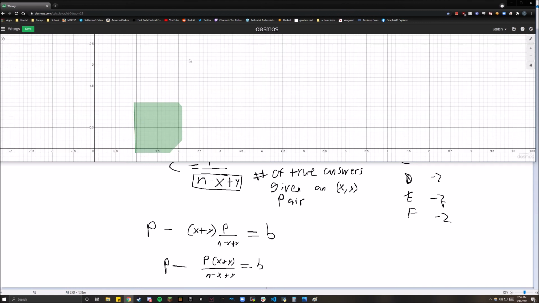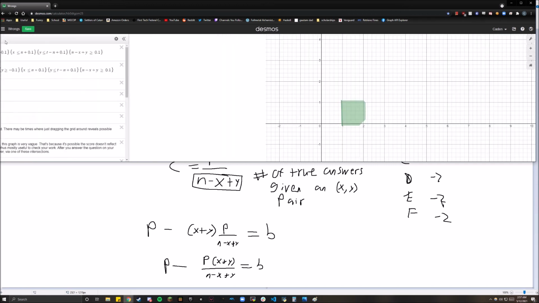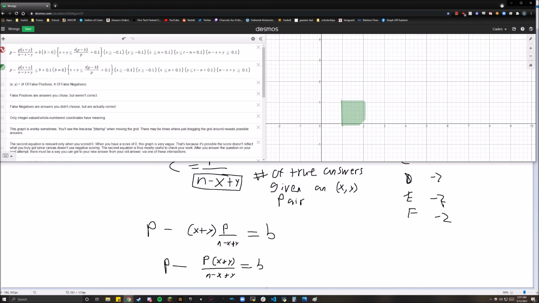And so what's going to happen is that even though we don't know the number of false negatives and the number of false positives, we can still graph every possibility of false positives and false negatives such that we result in the number of points that we got.